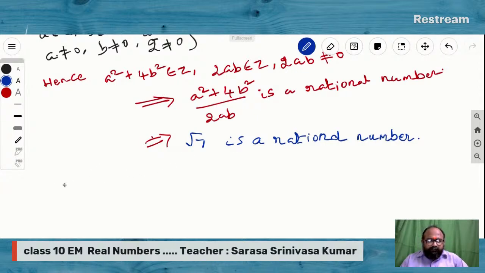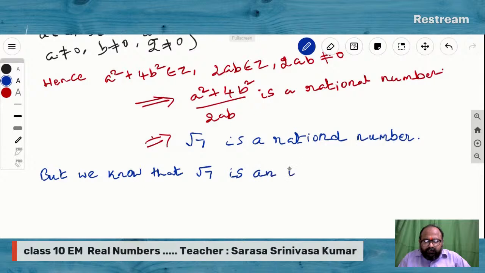Now we write that step. But we know that square root of 7 is an irrational number. We have already proved this. We proved this statement: square root of 7 is an irrational number.